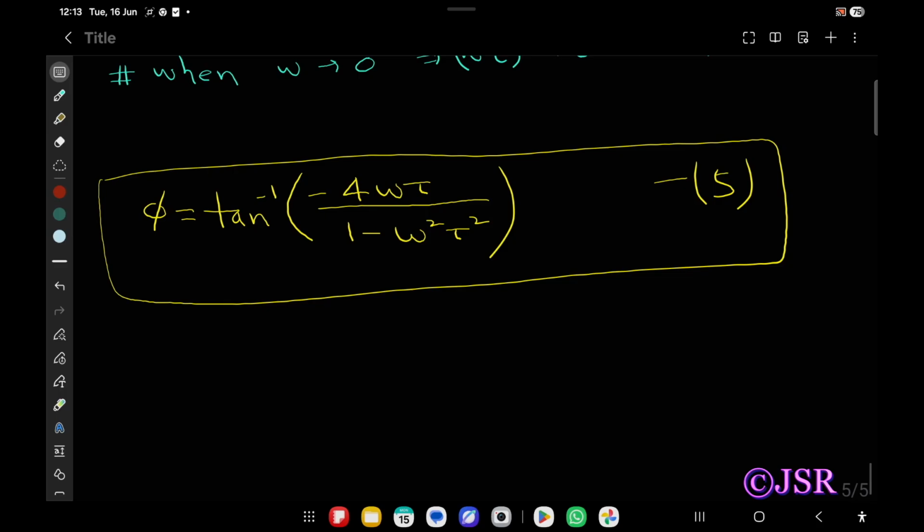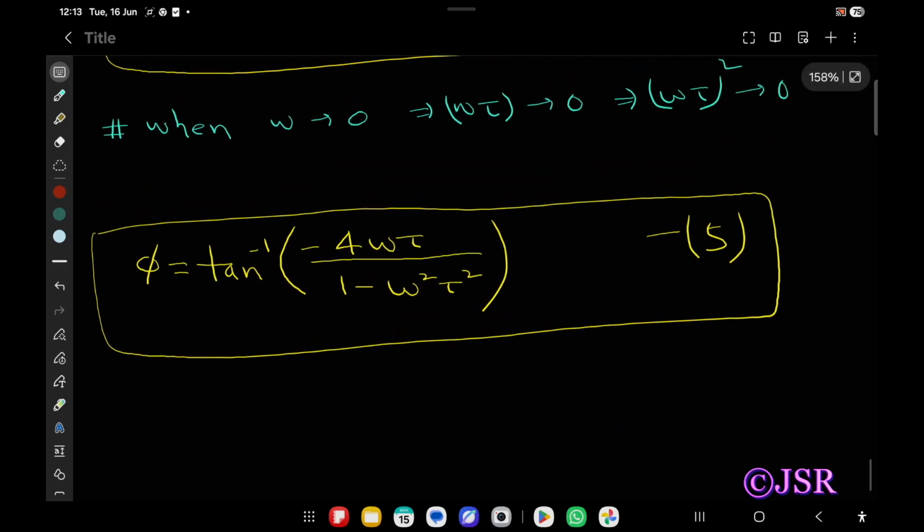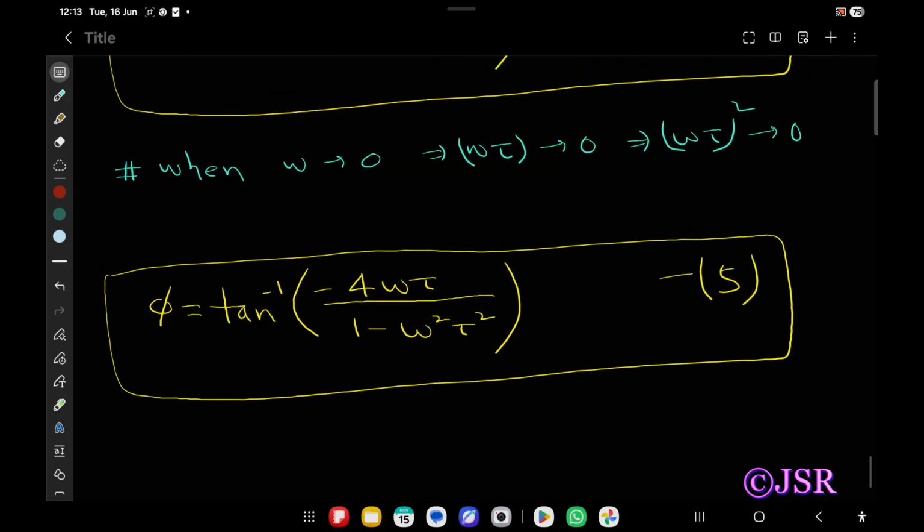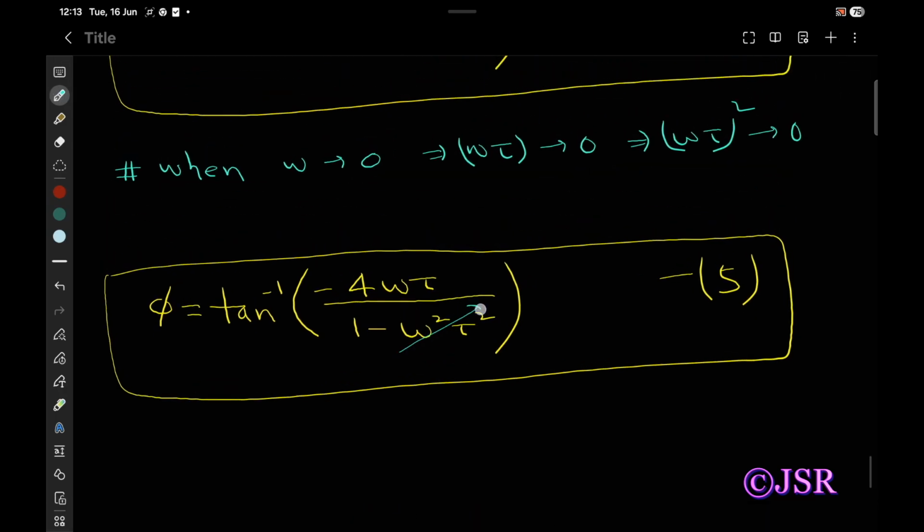So in this case we will neglect the square term, and we will have phi will be equal to tan inverse of minus 0, and that will be equal to 0 degree.